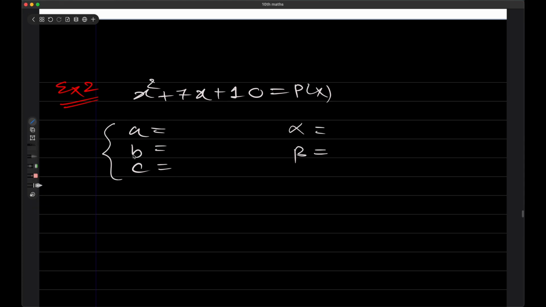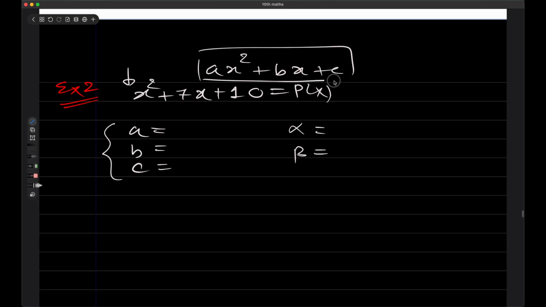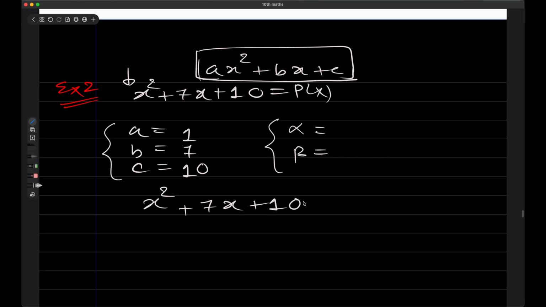We can find a, b, c by just looking at the polynomial, where ax square plus bx plus c is the standard quadratic polynomial. a is the coefficient of x square, that is 1, b is the coefficient of x, that is 7, c is the constant term, that is 10. Now we have to find alpha beta, the zeros of the polynomial x square plus 7x plus 10 equals 0. We will get the zeros of the polynomial.